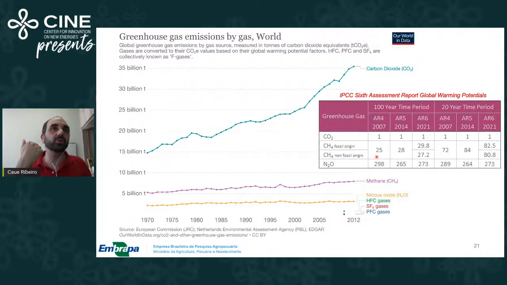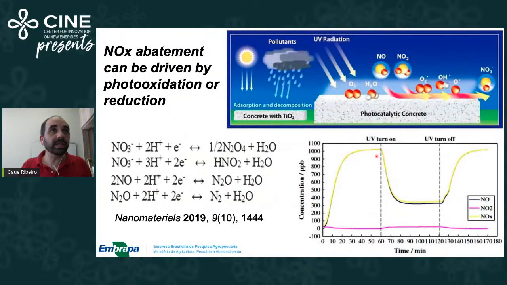So the simplest idea that has been proposed in the last years to treat these emissions is to try to treat them on the surface of roofs or concrete, treating them with a photocatalyst.